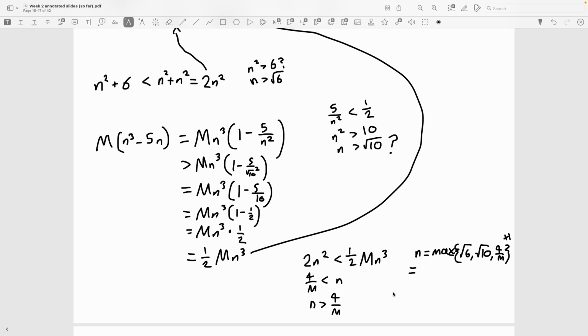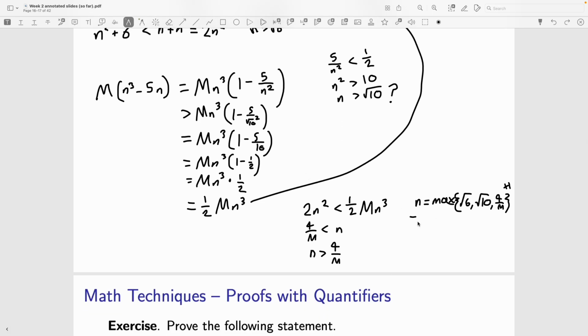But since square root of 6 and square root of 10 are both constants, and square root of 10 is obviously larger than square root of 6, we can take that out of our max expression. And there you have it.